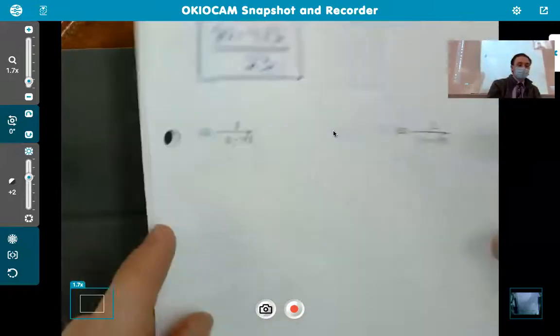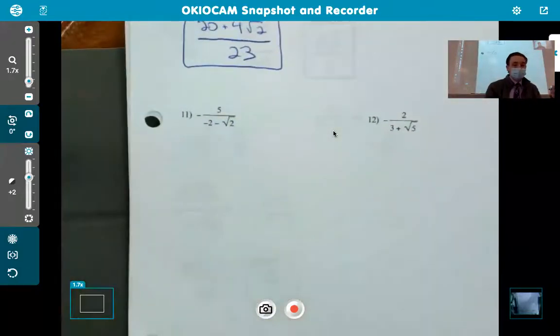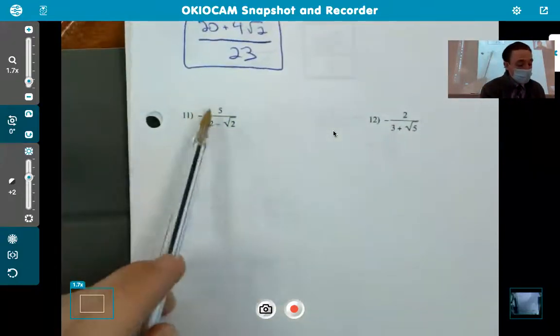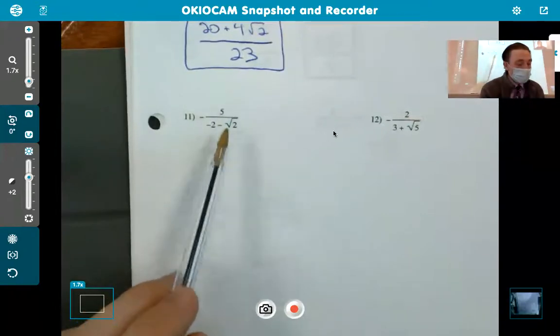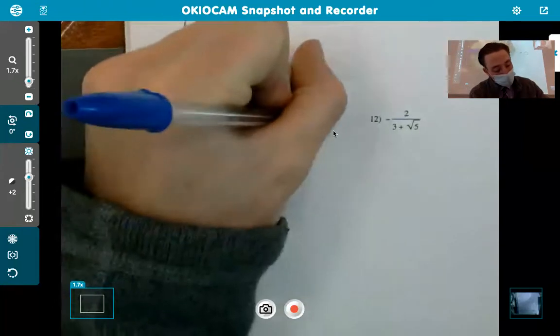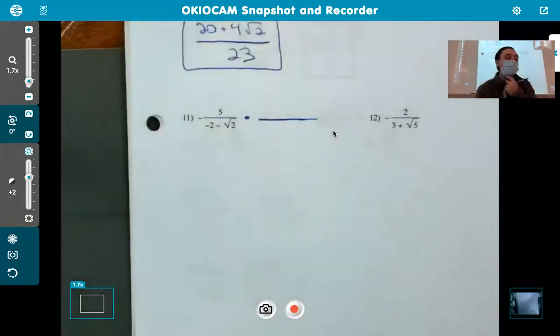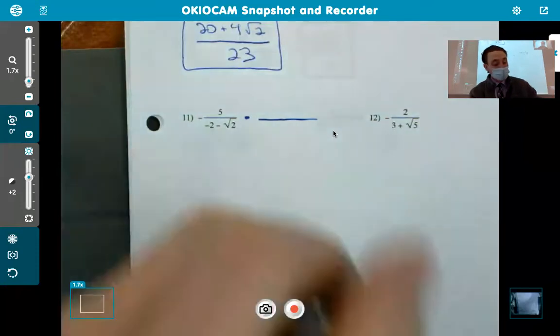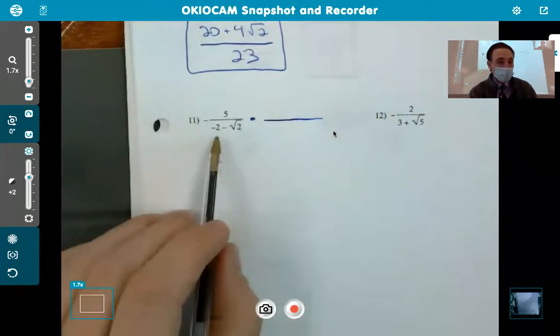Okay. Let's take a look at example 11. So I have negative 5 over negative 2 minus root 2. Again, I'm going to multiply top and bottom by that conjugate. Now, what's important is that we don't change the sign of every single thing. It's just whatever that term is in the middle. Okay. So this is still going to be a negative 2. This is something that came up in the last class.